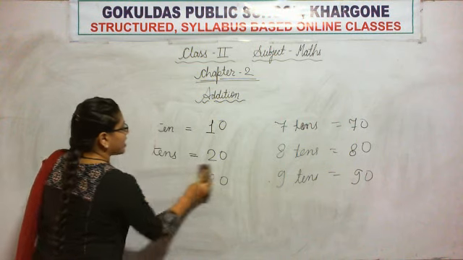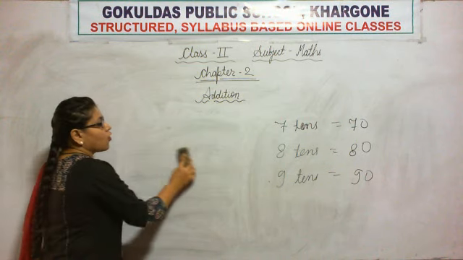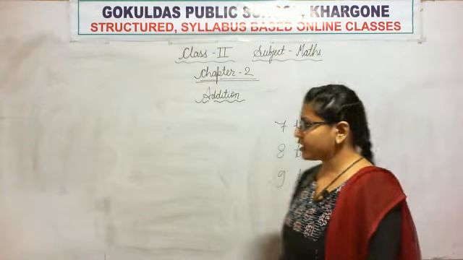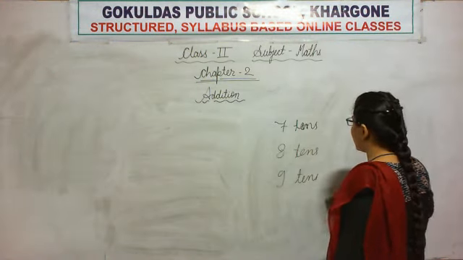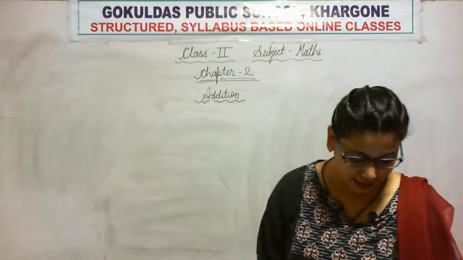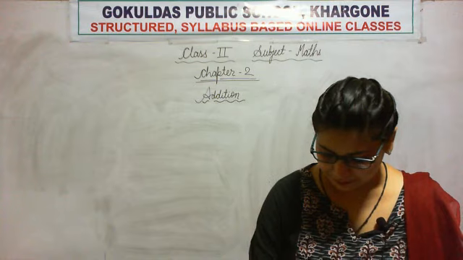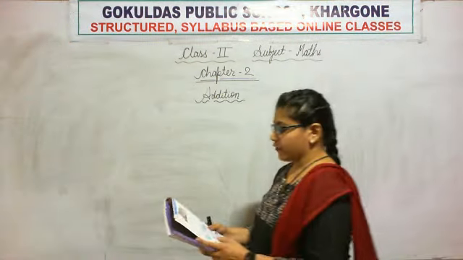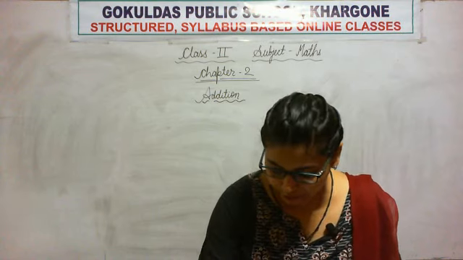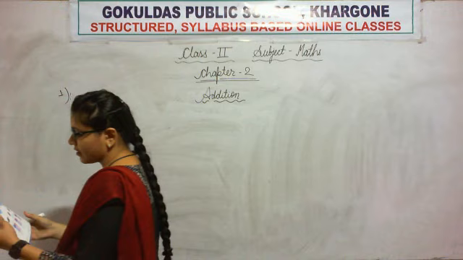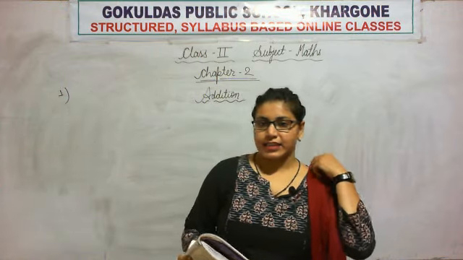So, now moving towards your books question. Open your book, page number 28. We are going to solve the question on page number 28. The first question they have given is to match the birds with its nest.